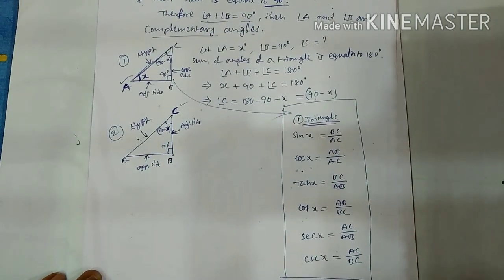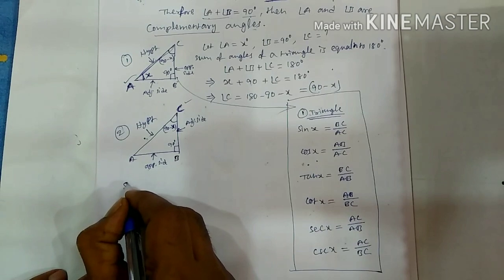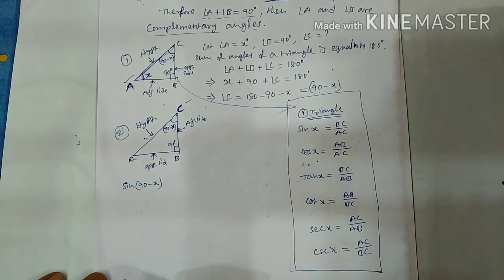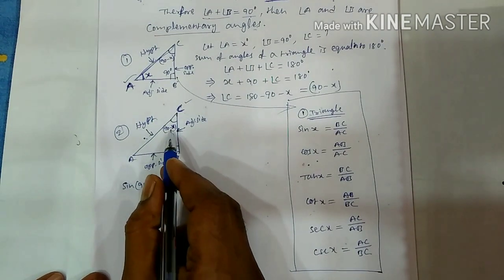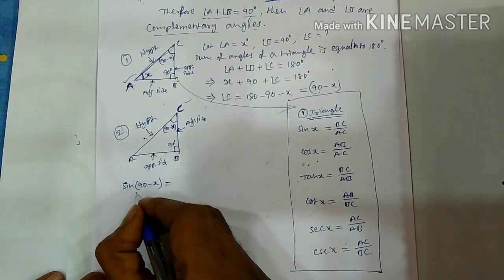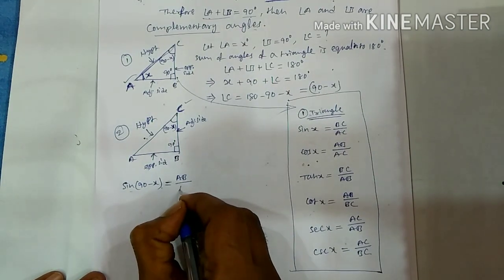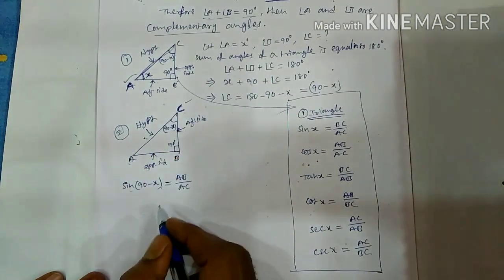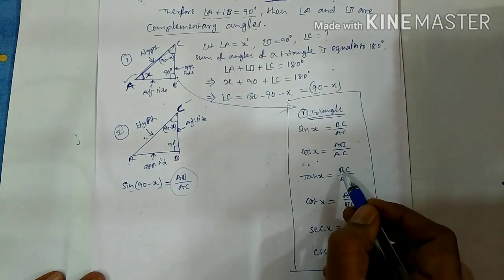Now about the second triangle, sin 90 minus X, because the angle we are taking is C. Sin theta is opposite side by hypotenuse, that is AB by AC. Here, what is AB by AC?